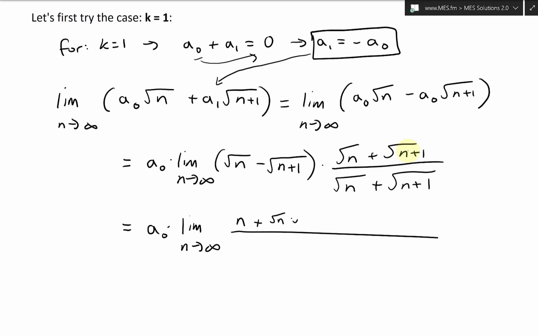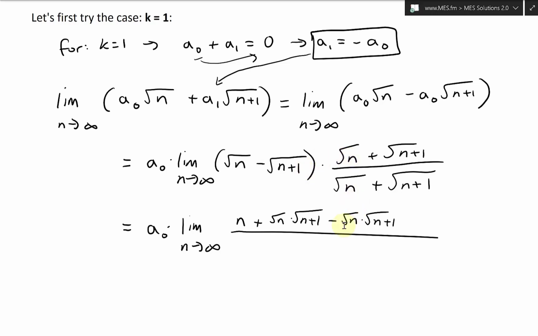Just because it's not the same base inside there, it's not the same thing that you're square rooting. And then the next one is negative square root n plus 1 times over here. So we're going to subtract it as square root n times square root n plus 1.